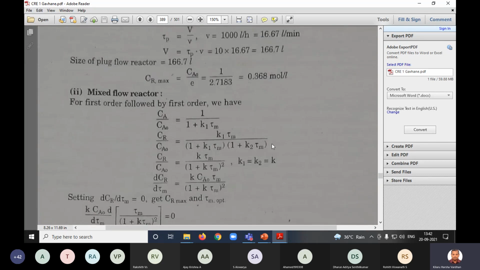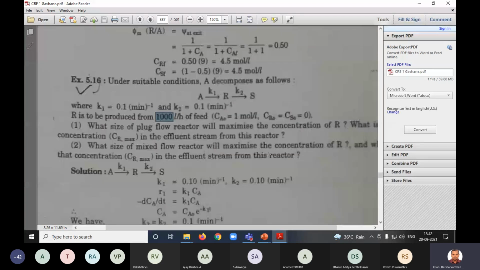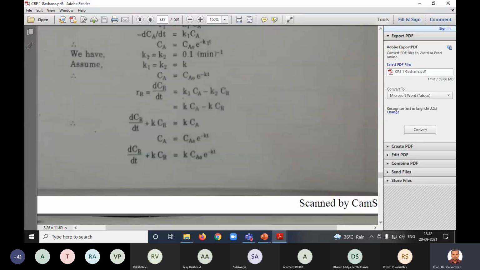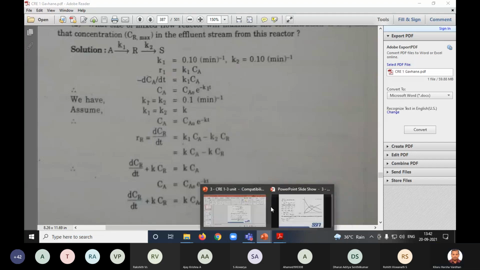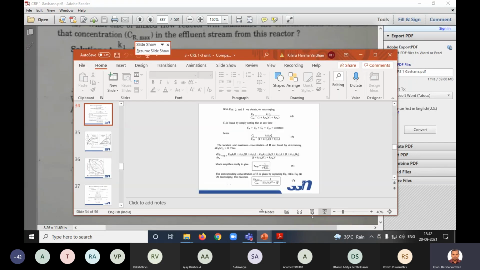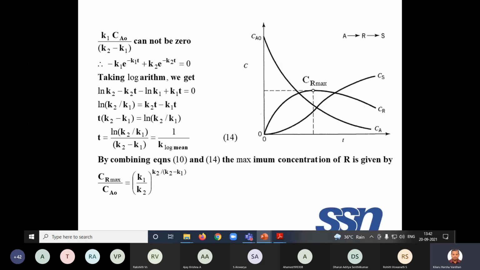This problem is very important. A lot of times they give this problem. It is better you do the derivation just like this, then you get 10 marks. If you are not doing it and directly put in these equations, then you may not get those 10 marks. This is what I was talking with you about yesterday.